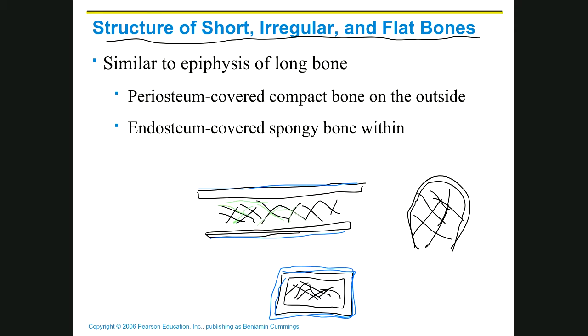And so we can make them bigger, we can make them smaller. So that's what these bones look like. So we have a periosteum, and we have an endosteum. Any questions?